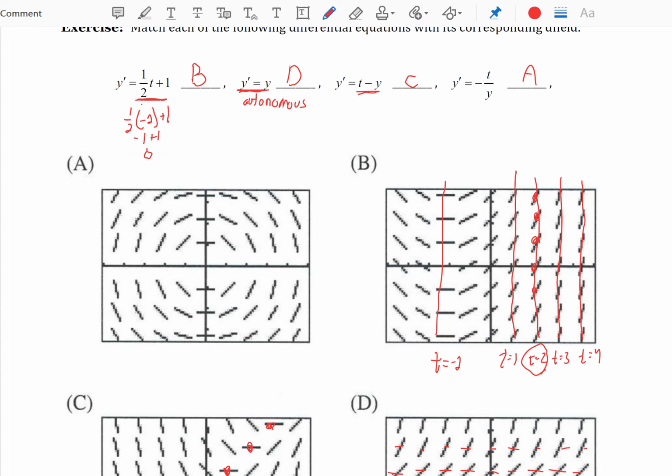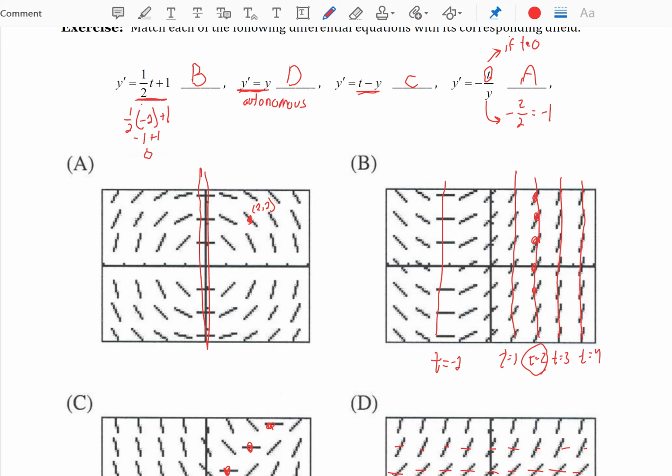Again, you could use different methods for picking points. Notice that if t is ever 0, then this fraction is always 0. So anywhere along the line t equals 0, the slopes are always going to be horizontal. Or you could pick points, like maybe the point 2, 2. If you pick the ordered pair 2, 2, this would be negative 2 over 2, or -1.